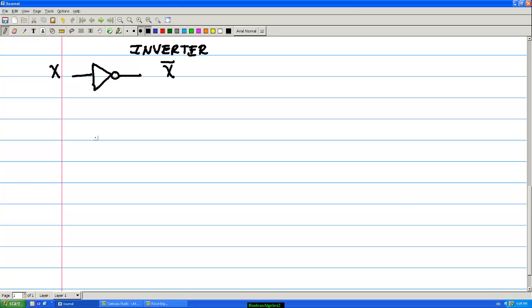So here are a couple of examples of how we would express the inversion process using Boolean algebra.